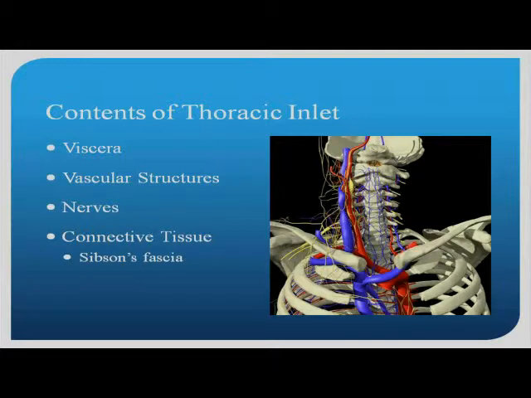All of that is wrapped up in this very tight, stable, bony ring, and then covered with a fairly thick, not terribly distensible coating of fascia called Sibson's fascia. So even fascial restrictions in that area can create problems with movement of venous fluid, lymphatic fluid via the thoracic duct and right lymphatic duct, and so on.